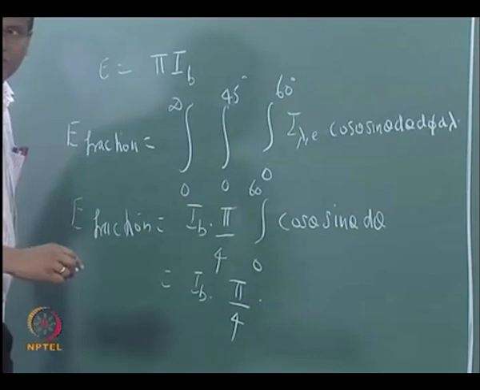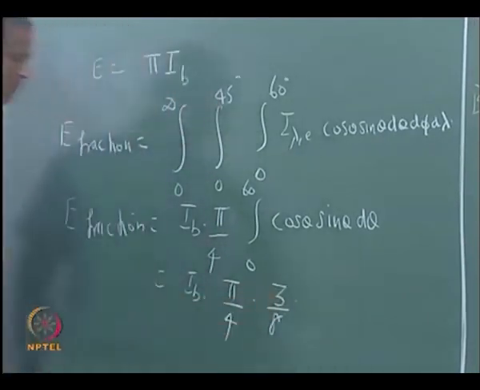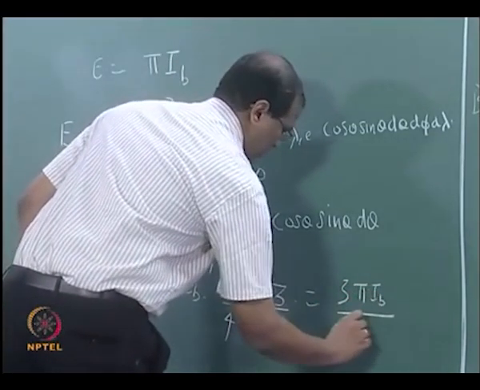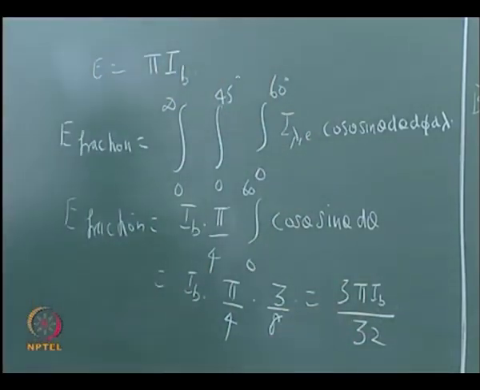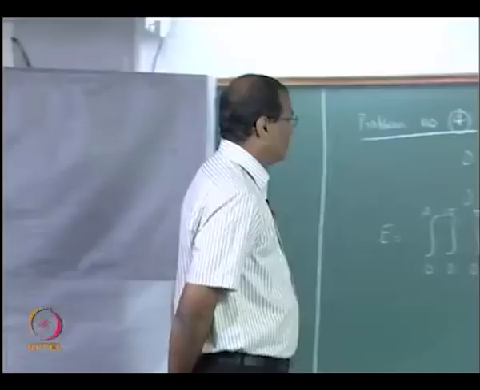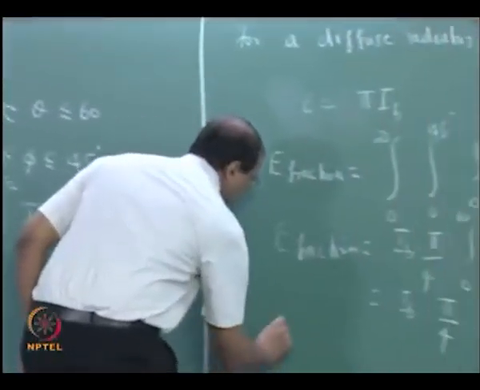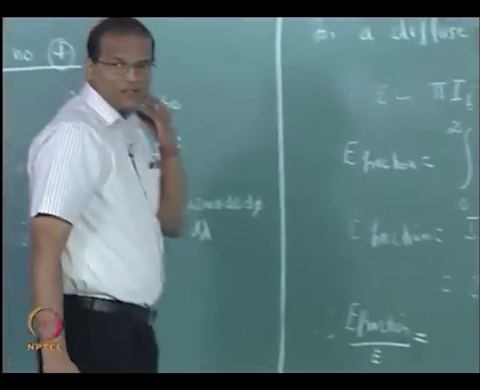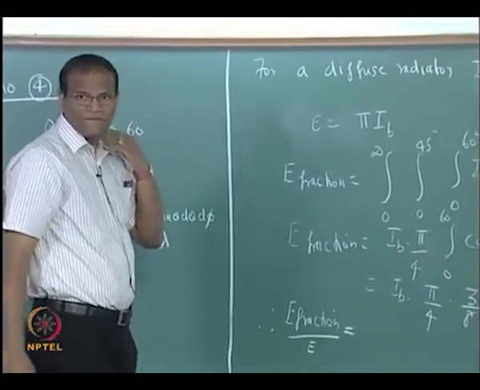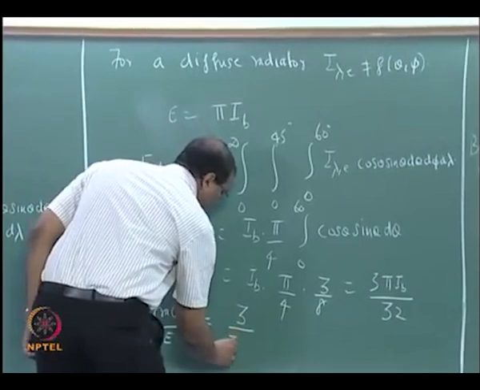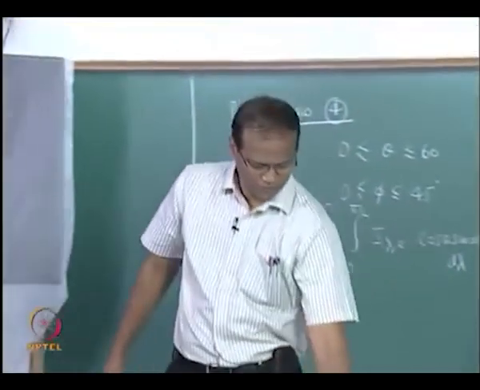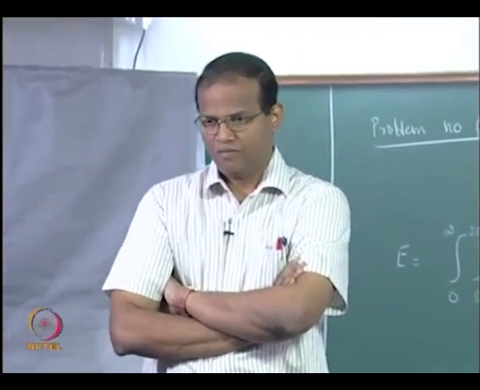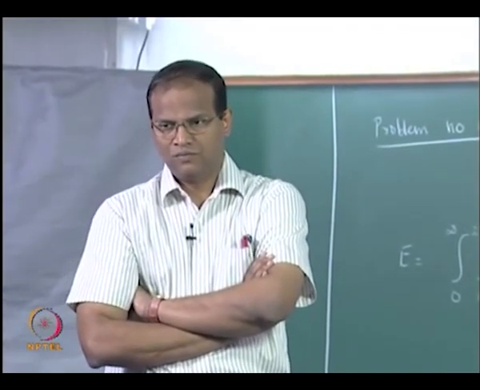This is 3 by 8, by 32. Therefore, E fraction by E is 3/32.